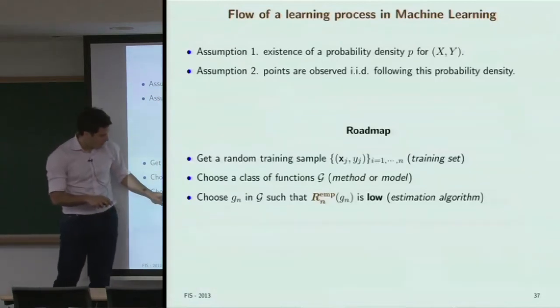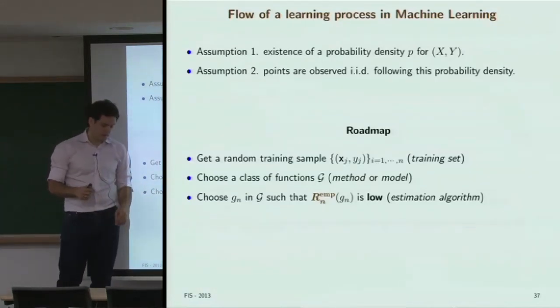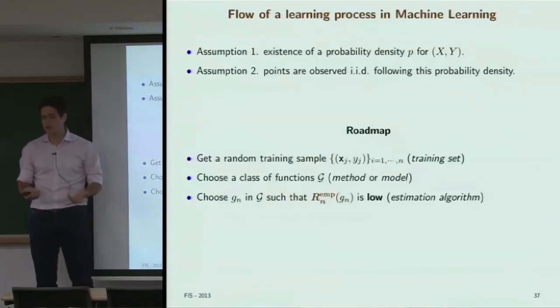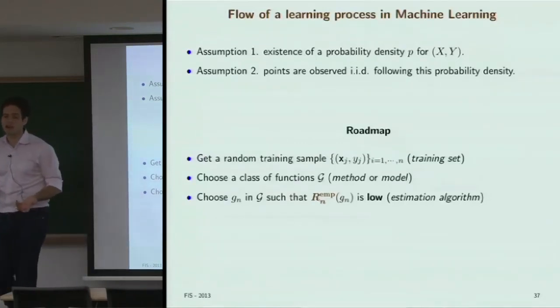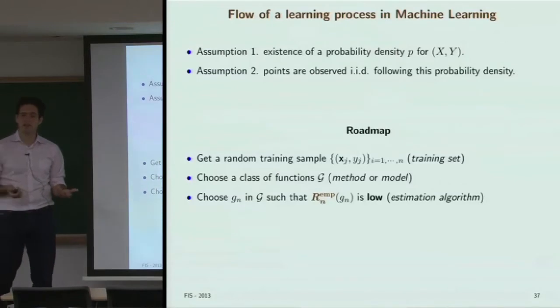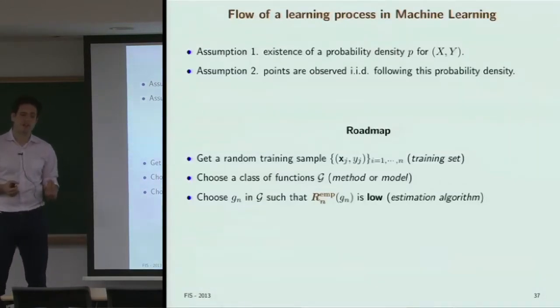I've hinted that this was easy, but actually it's quite hard and can be very, very hard. Even if you're just minimizing a criterion defined on a finite set of points, sometimes it can be very difficult to find the best function within the class of functions G which minimizes that criterion.